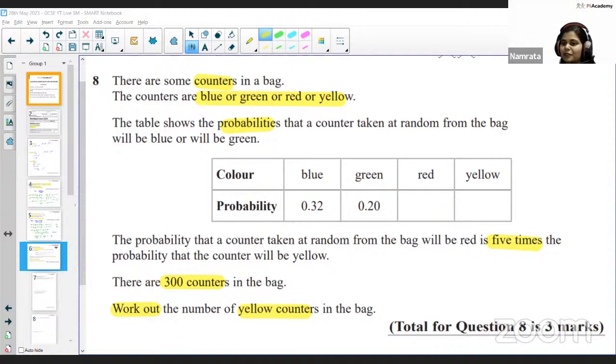Very good, Rohan, but a very small hint. I would again repeat, we need to find out the number of yellow counters. Yes, you are on the right track. Very good, Harini. Hope you all are enjoying the session.